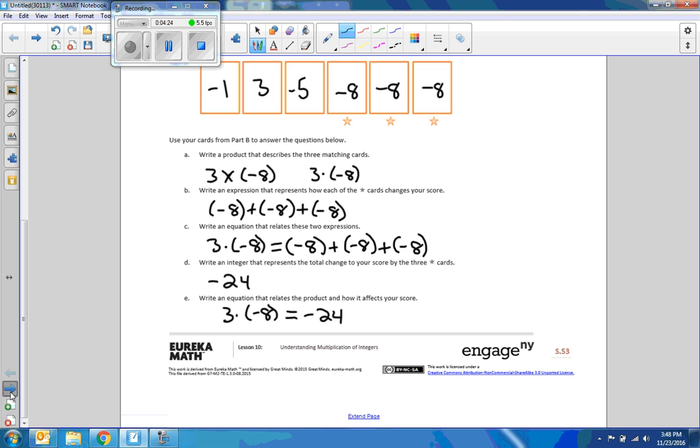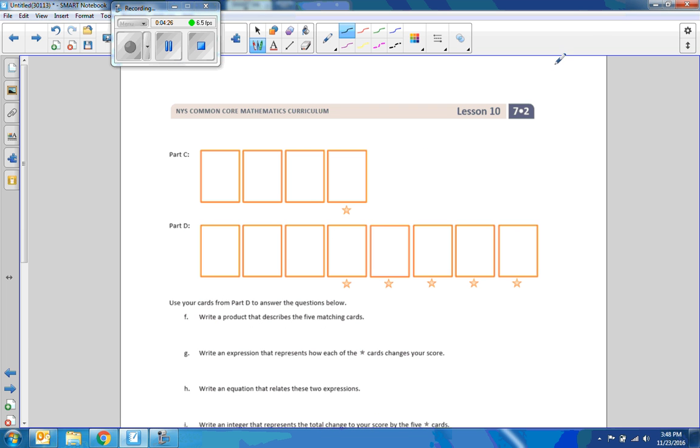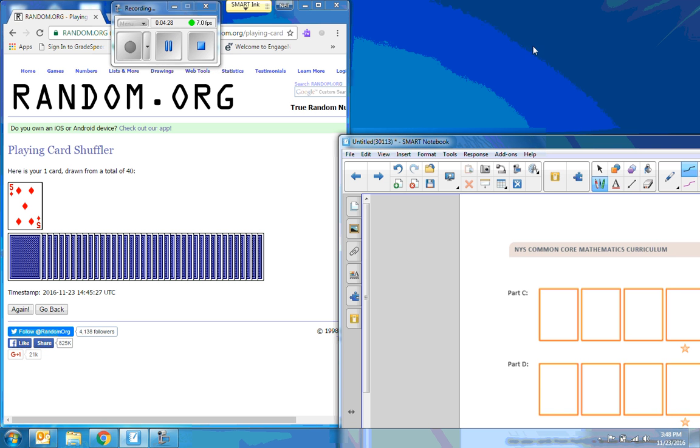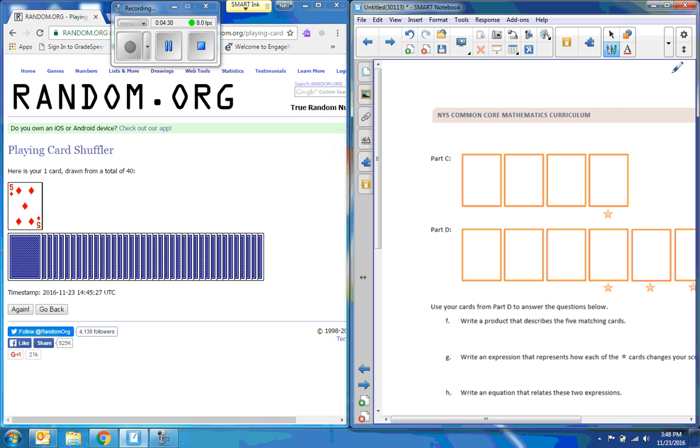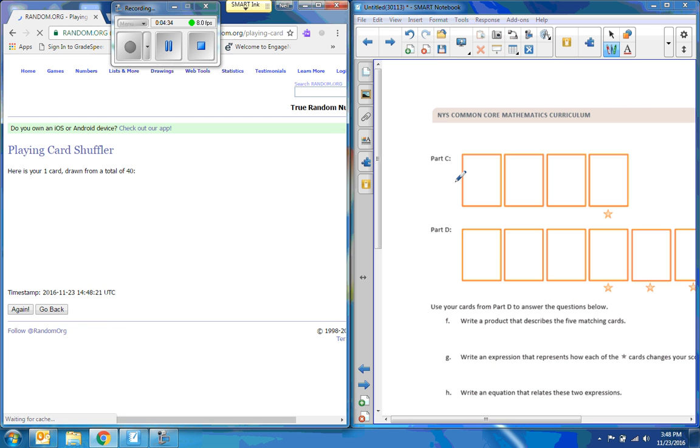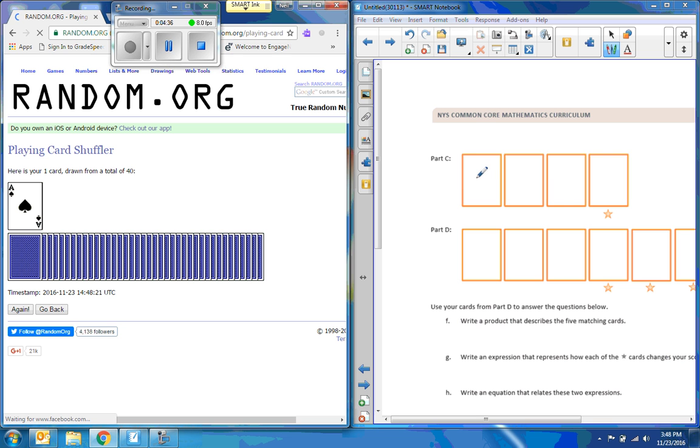Okay, so let's try that one more time. So now we're going to do it one more time, get a feel for it. I can minimize this, put it over, and I'm going to draw again. And I got a 1, and it's positive. Clubs and spades are positive. 8.